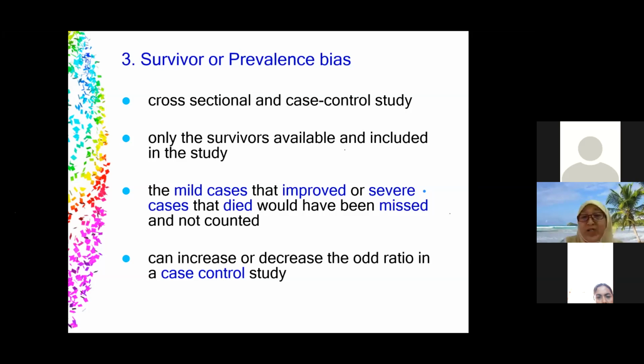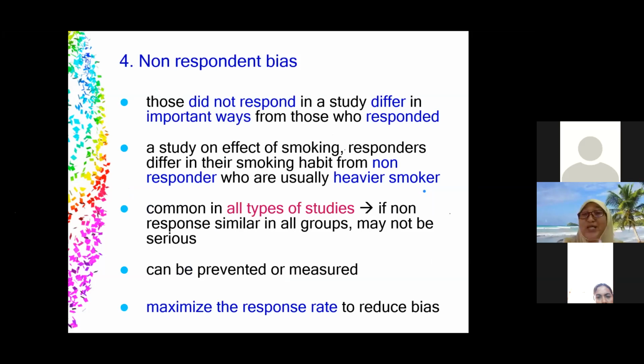Non-respondent bias, of course, when you conduct a study, you will have non-respondents. So how much is the non-response rate? This can introduce bias because those who did not respond in a study differ in important ways from those who responded. Maksudnya, kalau you conduct study nak compare certain habit, people who practice SOP, people who tak practice SOP, how many will get COVID? And banyak COVID example lah, because it is the in thing now.